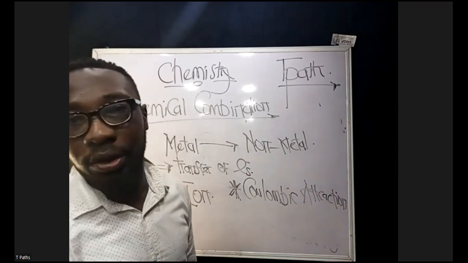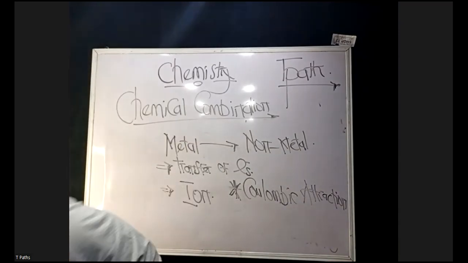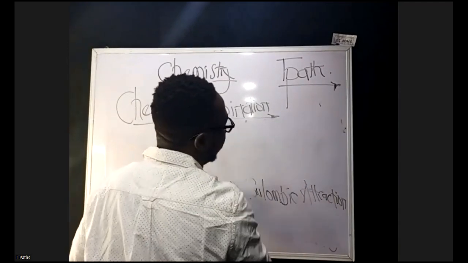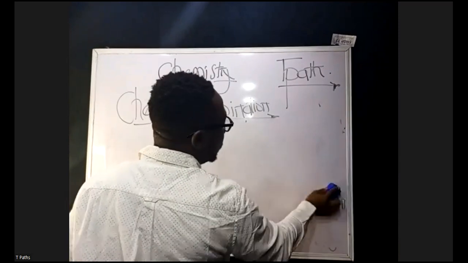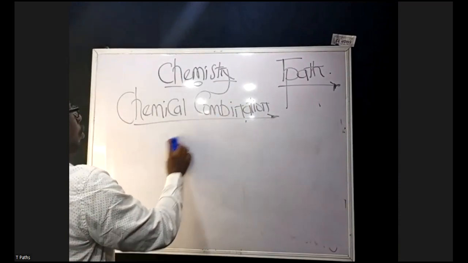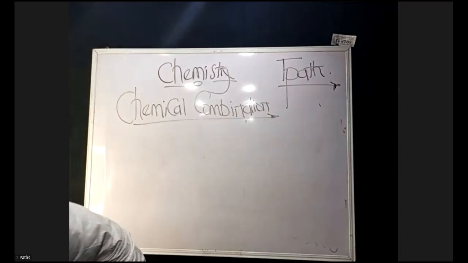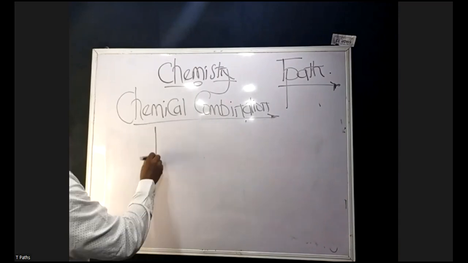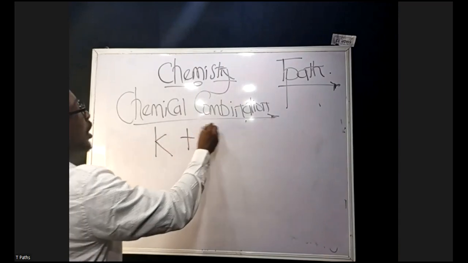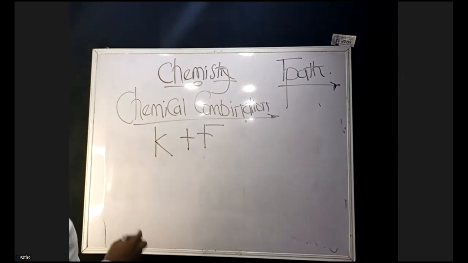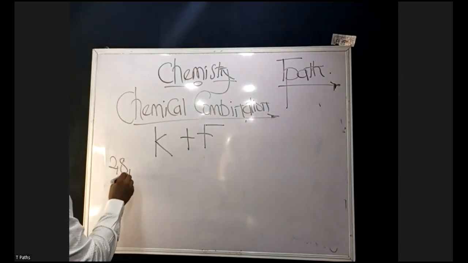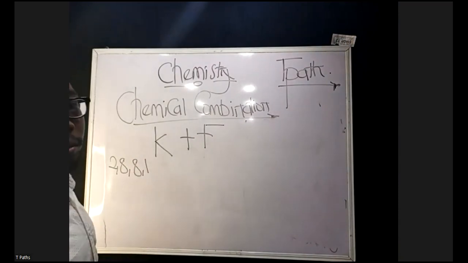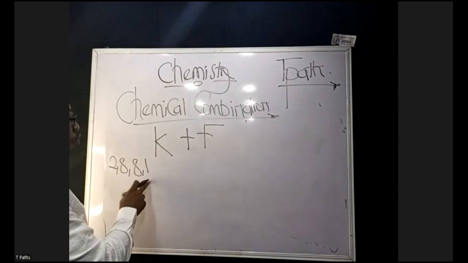But let's do something different. I want to explain based on their shells. Sodium is 11. Potassium is 19. So let's do K plus F. Potassium is 19, that is 2, 8, 8, 1.